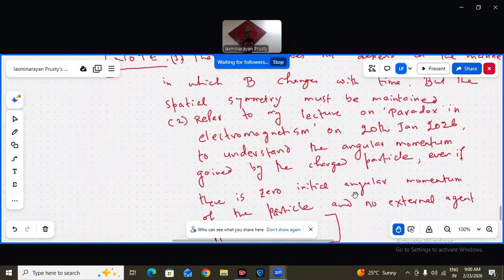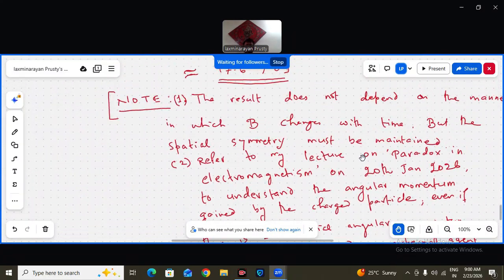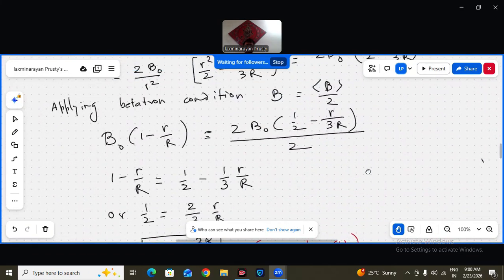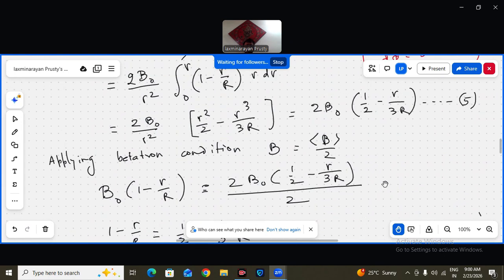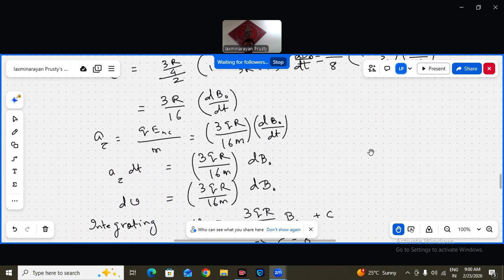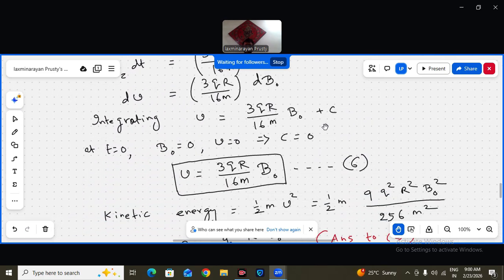Now even if I switch off the magnetic field suddenly, the change of magnetic field will become 0. So instead of V naught, it becomes 0 to 0. So V will be 0. It suddenly comes to rest. Understood this? Initially, there is no magnetic field, there is no angular momentum, there is this charge at rest.